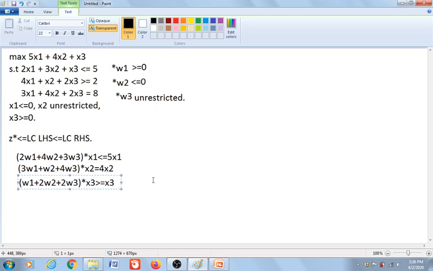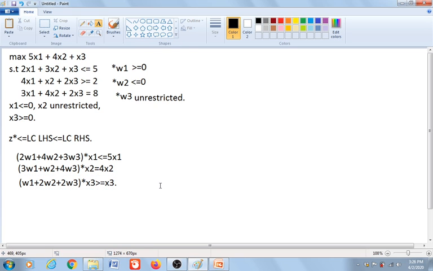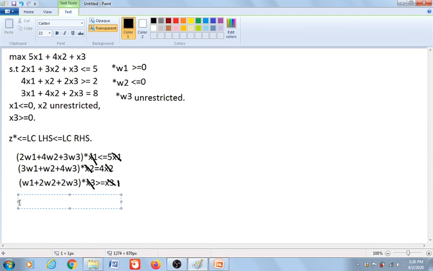Okay, so what is the sign of x3? x3 is positive, so when you multiply bigger than or equal to with a positive number, it stays the same. So we are okay here. So I can cancel x1, x2 and x3, so we get 1 over here. And the last thing that we're going to have is 5w1 + 2w2 + 8w3.